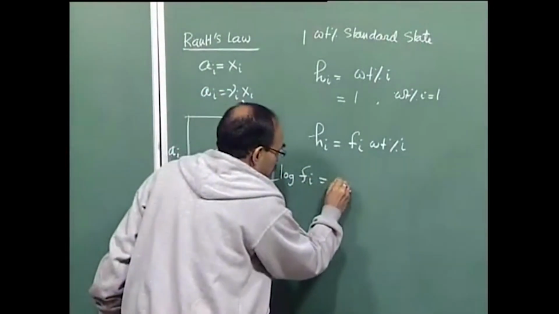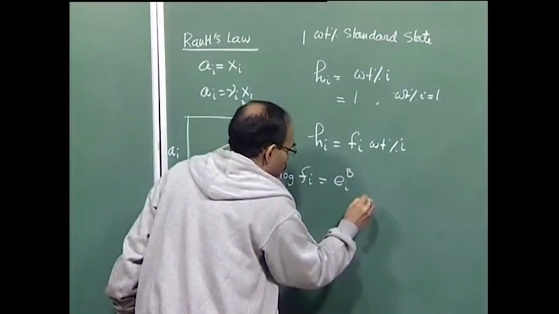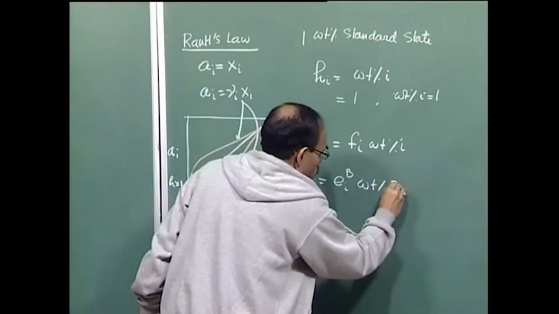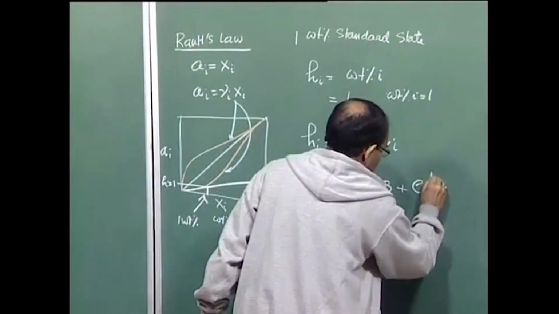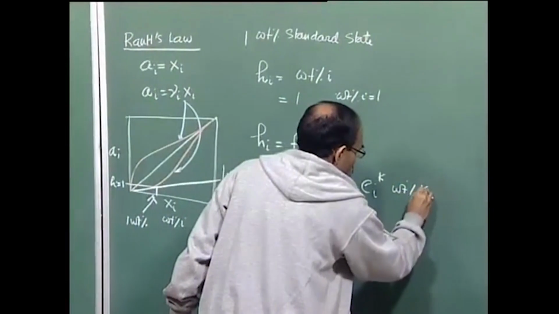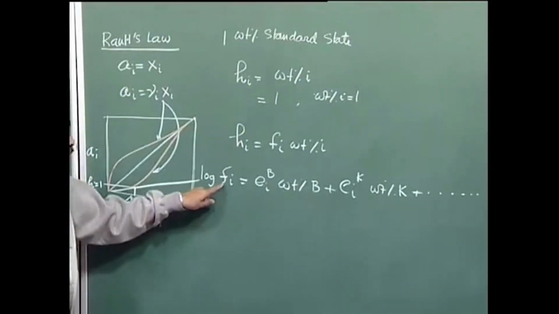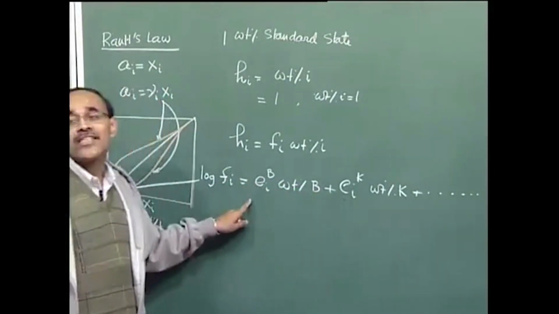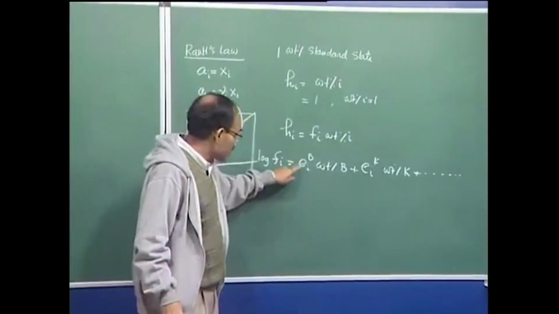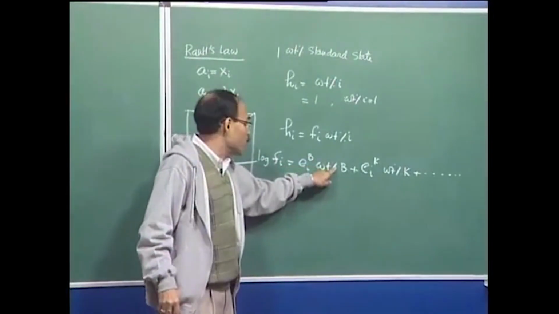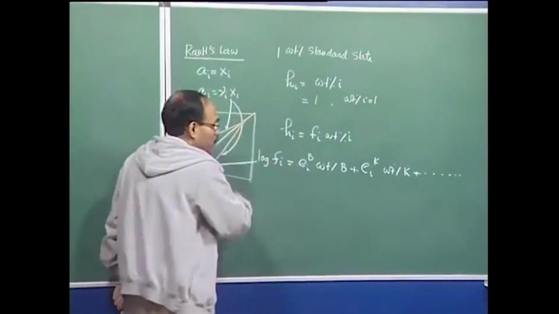For example, we can say there is one e_i^B into weight percentage B plus e_i^K into weight percentage of K. So, this activity coefficient is given in terms of some e_i's which are known as the interaction parameters. Again, these interaction parameters are tabulated in thermodynamic books. This tells us e_i^B into weight percentage of B, so it essentially tells us the influence of B on the activity coefficient of i.